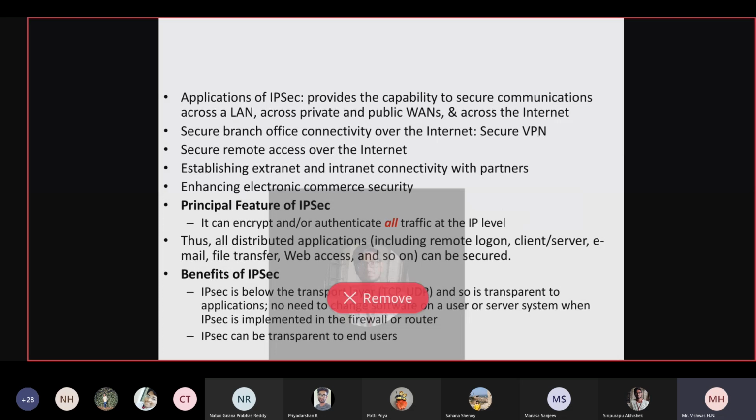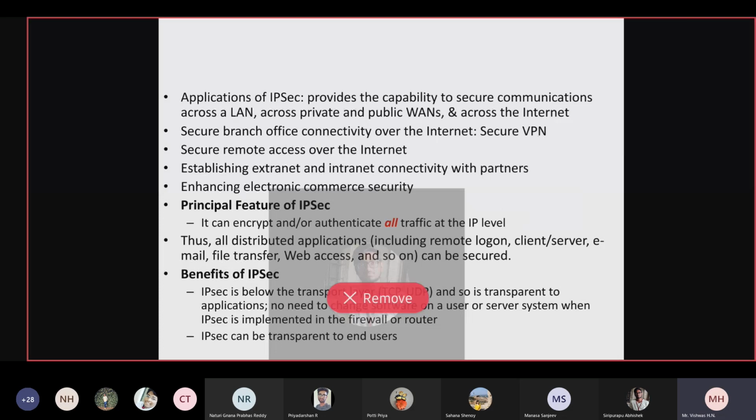What is the difference between LAN and WAN? LAN is basically a small network, local area network, whereas WAN is wide area network. A lot of different networks are connected together and we term it as a wide area network. Basically some part of the internet you can say, and across the internet.